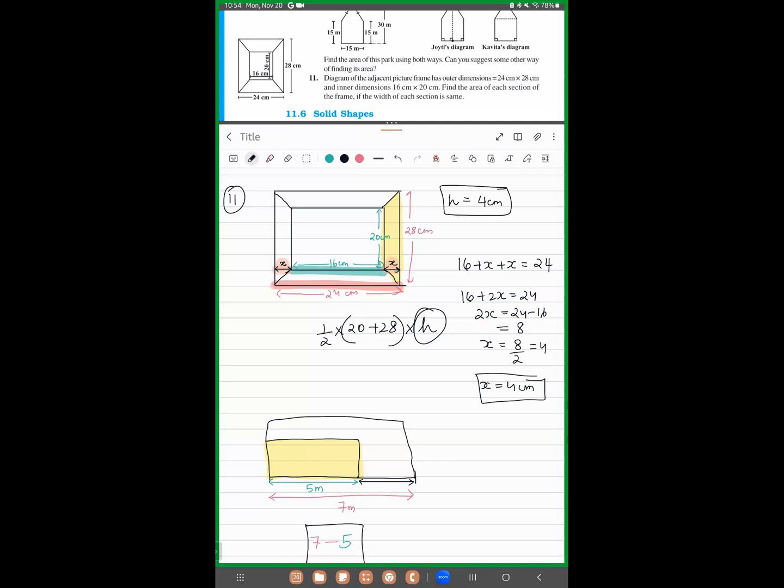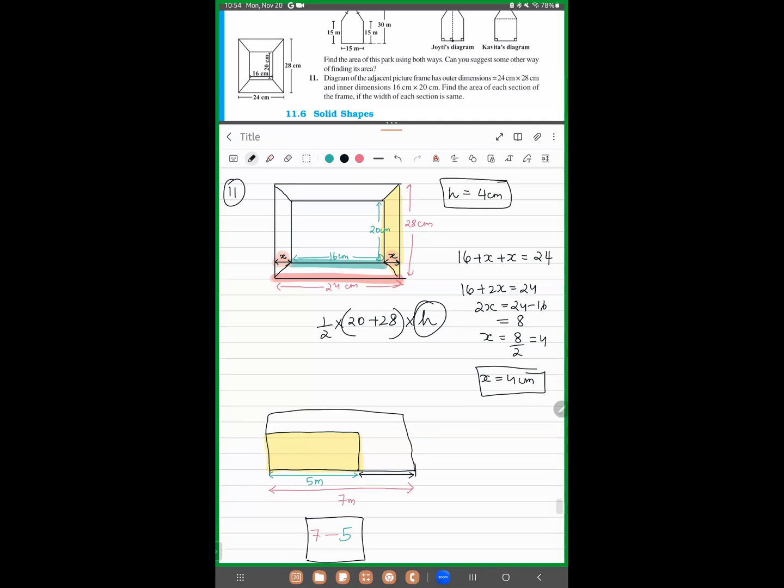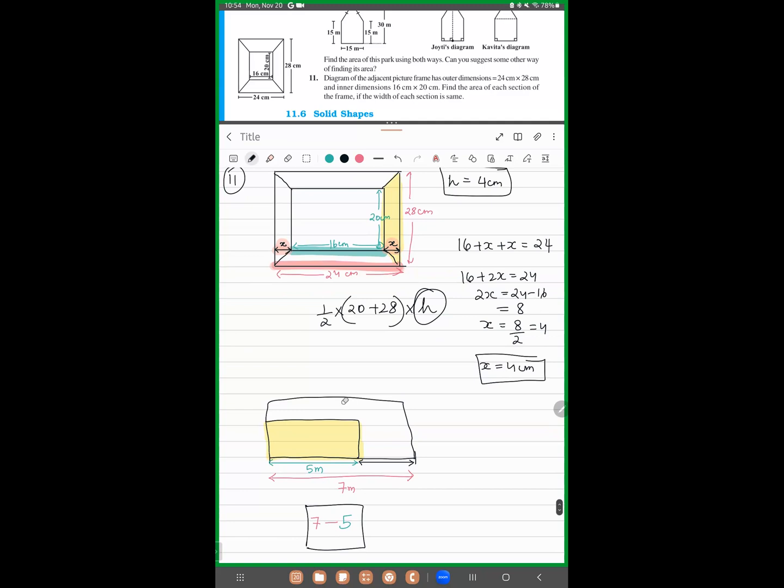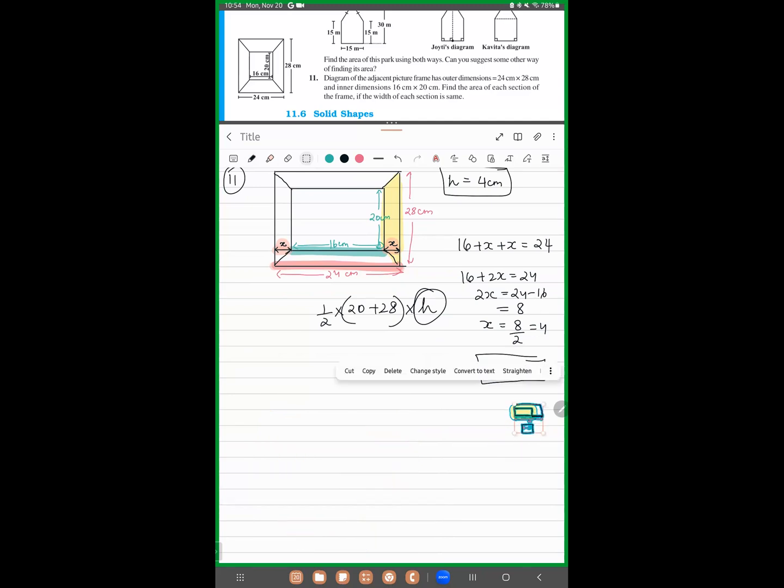So now, area of the vertical trapeziums. Vertical means these ones, the one on the left and the one on the right.